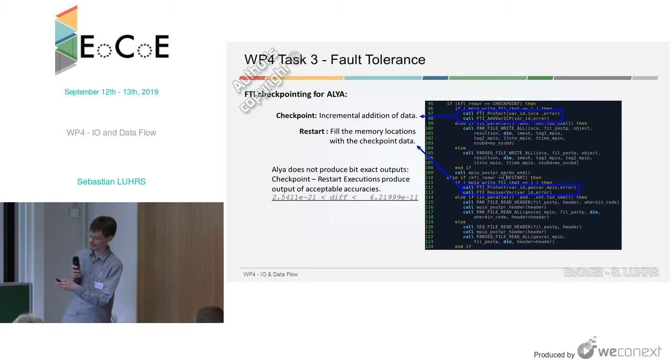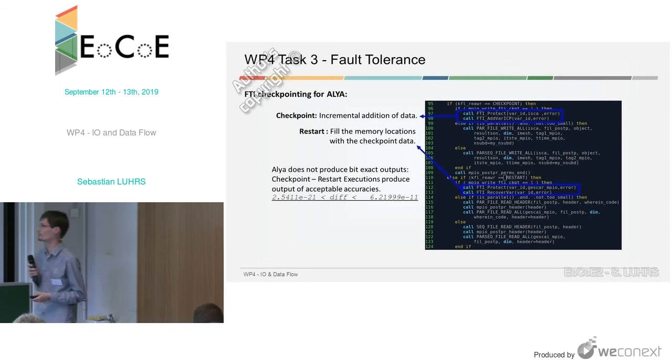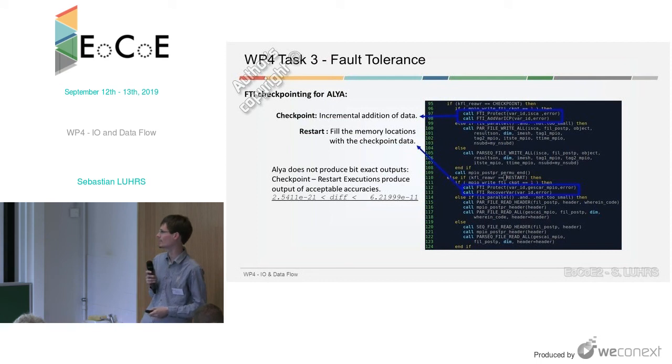We also did some work on checking the accuracy of those checkpoints, or at least of a restart, because usually when restarting from a checkpoint, there might be some differences depending on the stored amount of bytes. But as you see, it still produces acceptable accuracies compared to the run if you do not have any restart in the meantime.